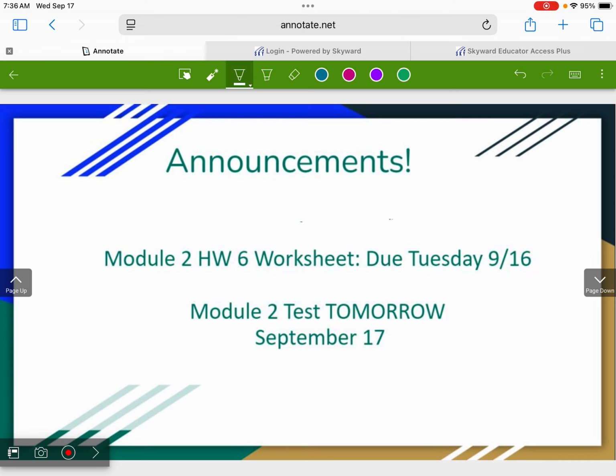I'm going to get the answer key posted. As soon as I'm done talking, I'll scan it in and get it posted so you can look at the answers with all the work. It is your review to get ready for your test that is tomorrow. The test is tomorrow. It's only a day away.